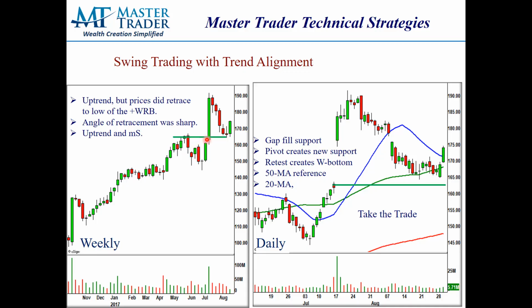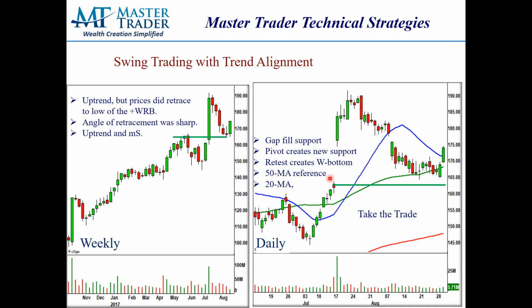Looking at that, the trend has to be our primary focus here in providing our bias. As I said, this pullback to this level is a bit of a concern because it's retraced the wide range bar. Think about what would be the ideal when we see a wide range bar. And I've covered that a few times. And that would be a sideways consolidation at the top of the wide range bar.